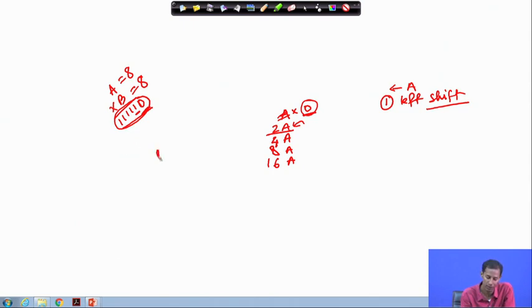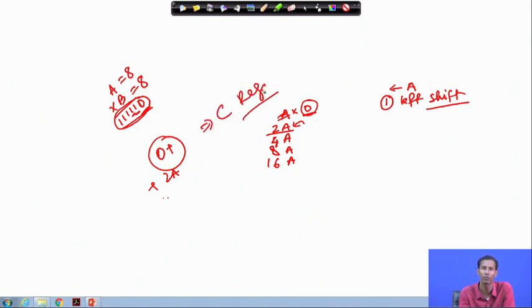This 0 will come first, then it will be added with 2A. In the next step, this 0 plus 2A is already saved in the C register from the previous step.